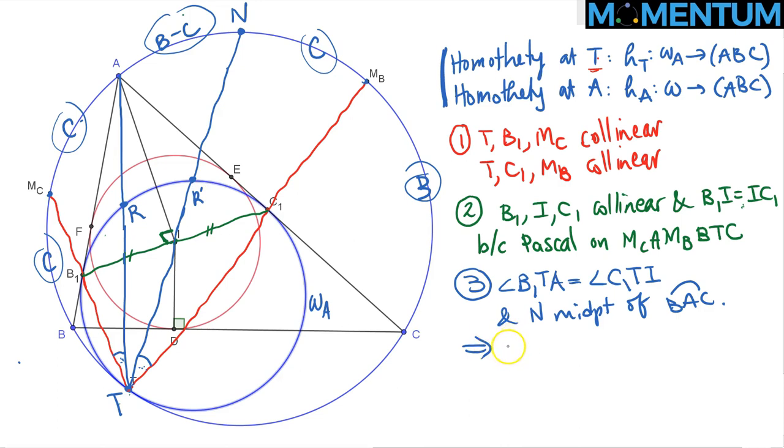Then this implies that R prime is also the topmost point of the mixtilinear incircle, omega A, because of the homothety centered at T. Amazing.